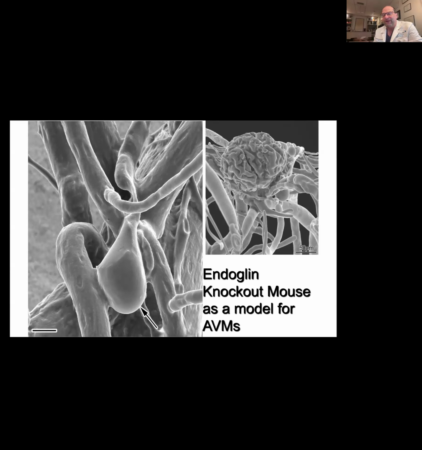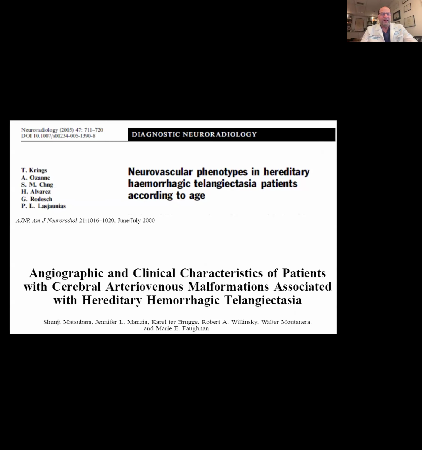And these are very similar to the brain AVMs or arteriovenous malformations that we can see in patients with HHT. And already more than 20 years ago, when I was still working in Paris, we looked at the different phenotypes in patients with HHT.